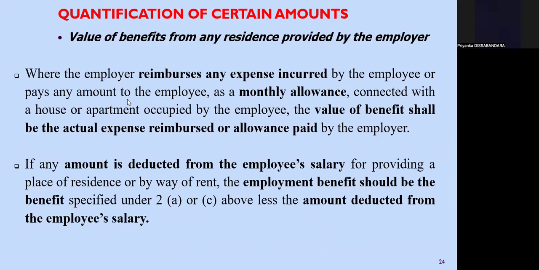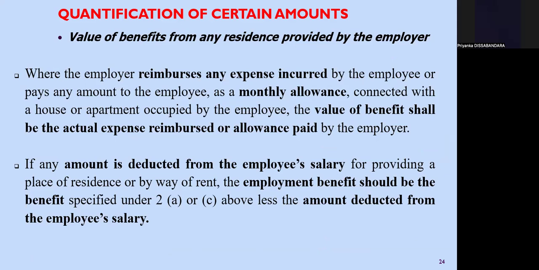Where the employer, this is the other condition when we are calculating the housing benefit. If the employer reimburses any expense incurred by the employee or pays any amount to the employee as a monthly allowance connected with the house or apartment occupied by the employee, the value of the benefit shall be the actual expense reimbursed or allowance paid.